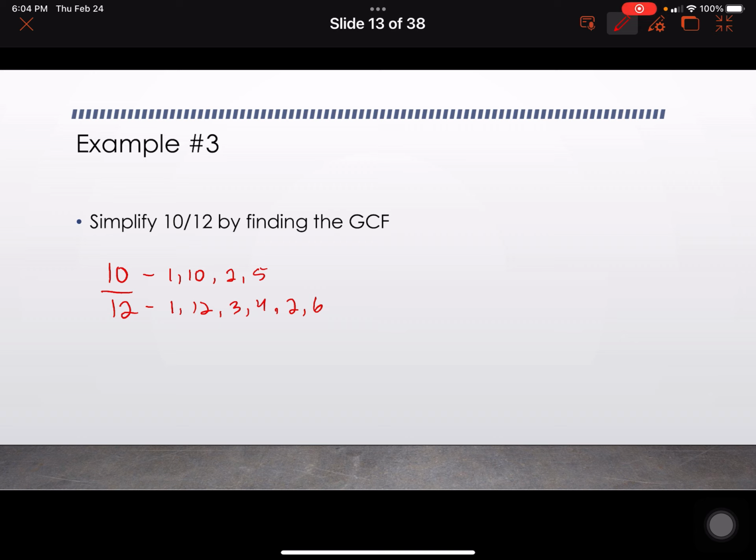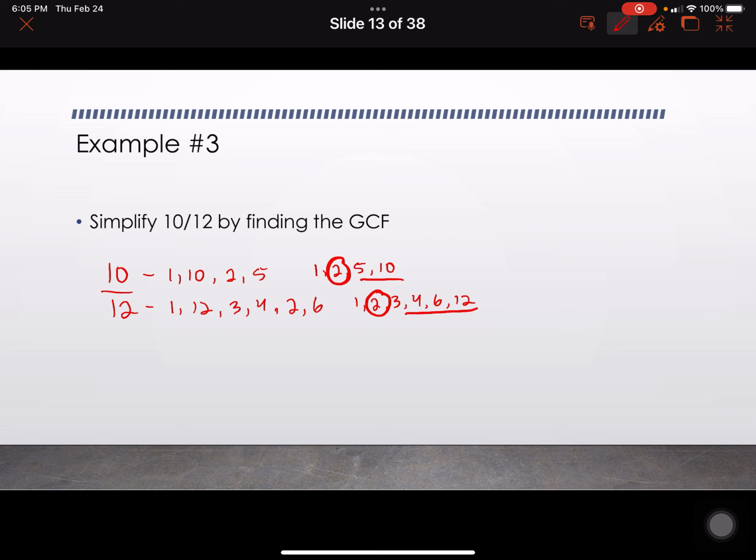Now sometimes it helps to put them in order, and when we do that, we have 1, 2, 5, and 10 on the top, 1, 2, 3, 4, 6, and 12 on the bottom. Now we can see that the greatest common factor for both of these numbers is going to be 2, because none of the other numbers over here match up.